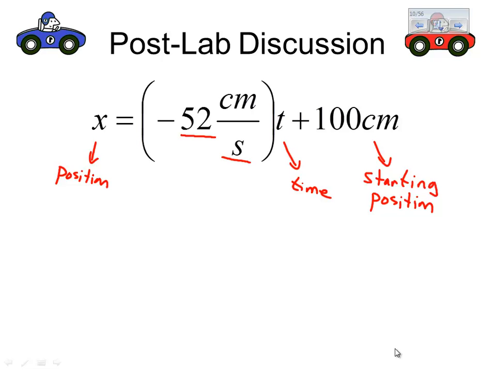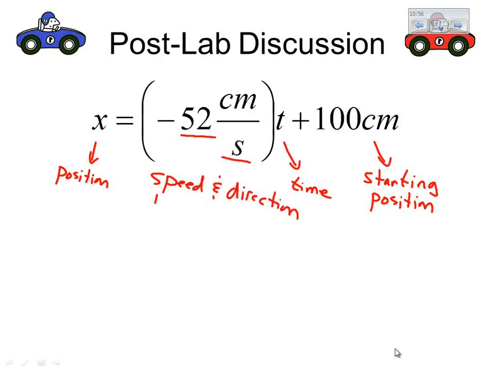But the slope actually has one more piece of information in it that's more than just the speed. What does that negative sign, Deanna, tell us? Direction. Yeah, it tells us direction. So the slope tells us both speed and direction. So the slope is not just speed, it's more than that, because it can tell us whether it's moving forward if it has a positive steepness, or backwards if it has a negative steepness.